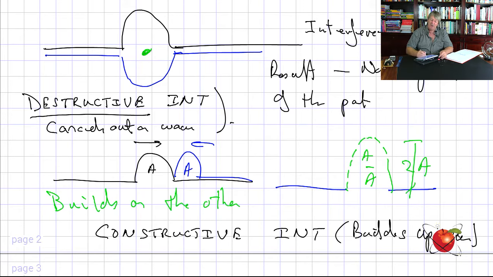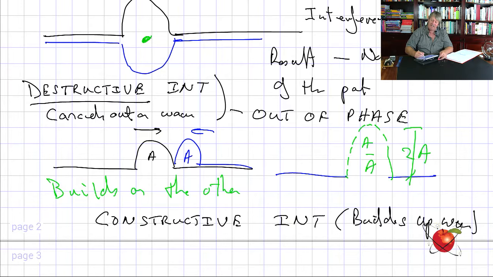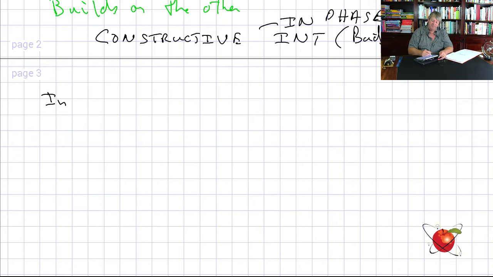Destructive interference, we say that they are out of phase. Okay? And yes, constructive, we say that they are in phase. Okay? So there's a few more terms that we've just learned. So we say in phase means constructive interference.